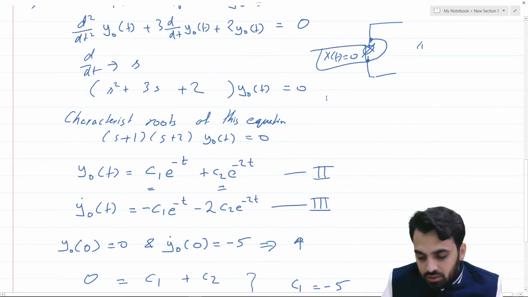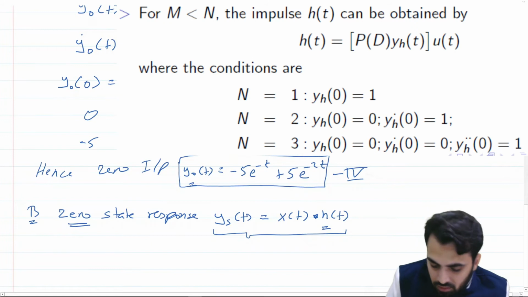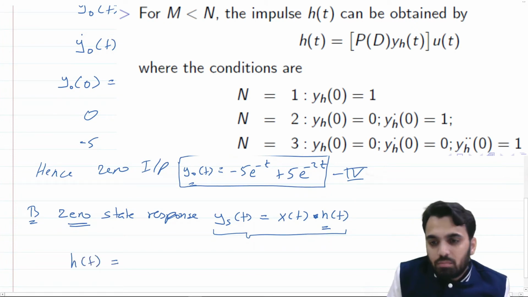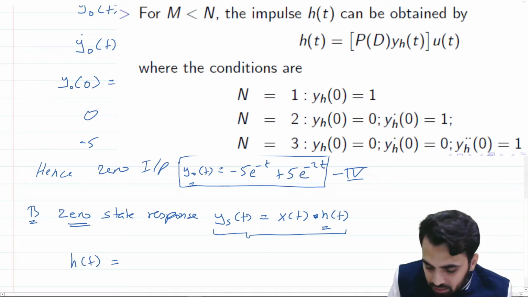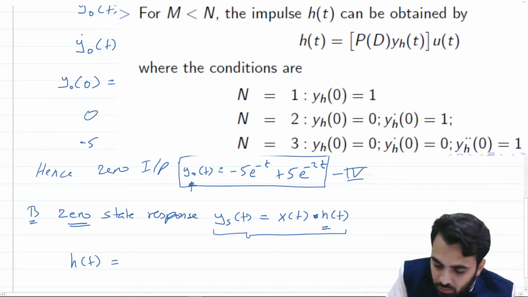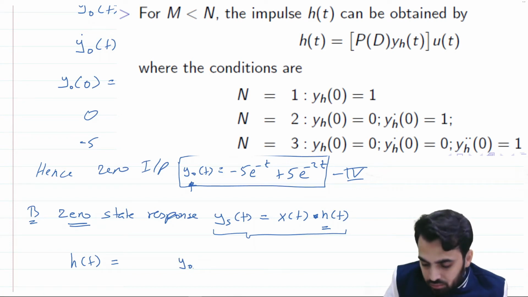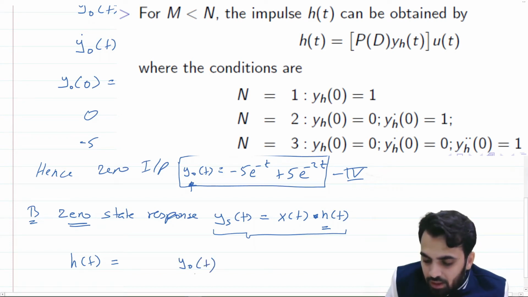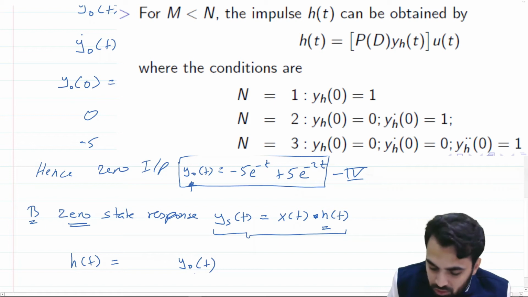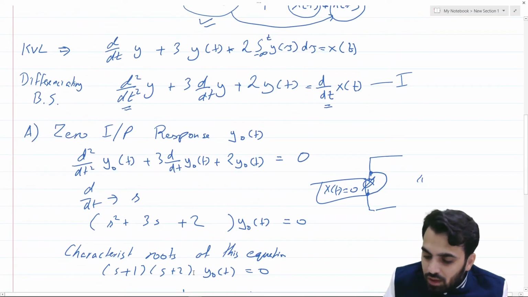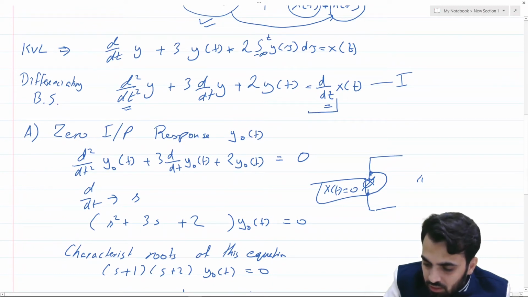So under this condition, the impulse response h of t has a very simple formulation, and that is we need y naught of t, that is the zero input response, and we are multiplying it with whatever is before x of t, right?